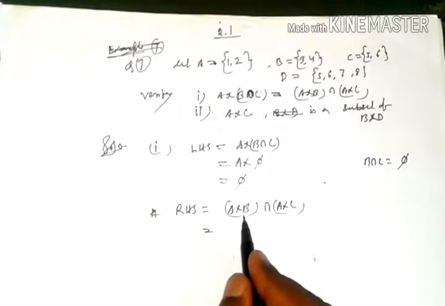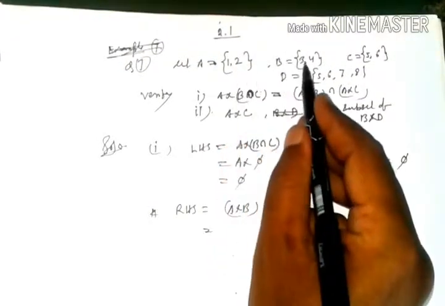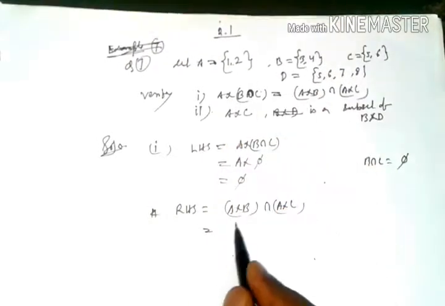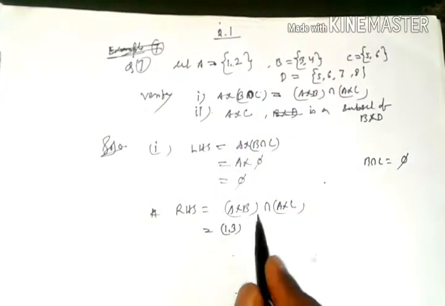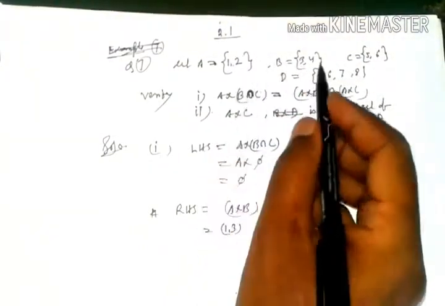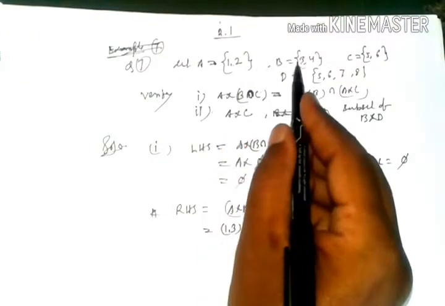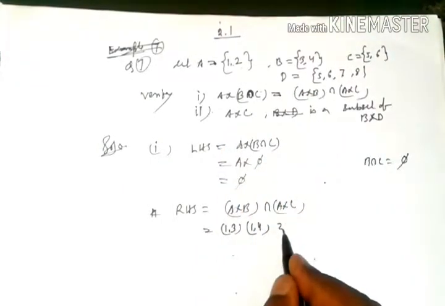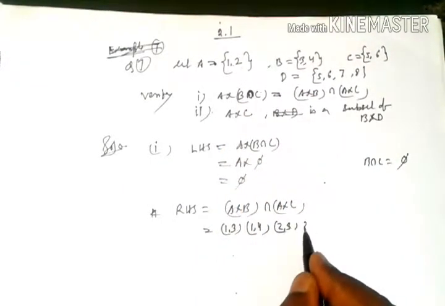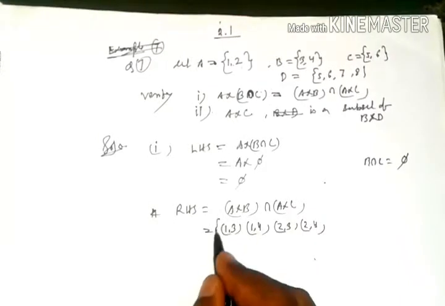At first we write A cartesian product B: (1, 3), (1, 4), (2, 3), (2, 4).